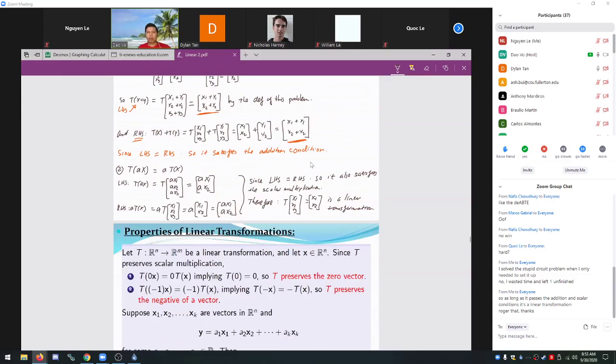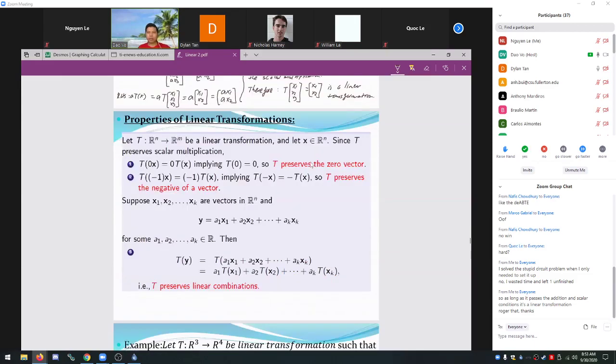Now, take a look at a few properties of linear transformations. So suppose we have a transformation T to be a linear transformation, and x is a column vector in Rn, and since T preserves scalar multiplication, it also preserves the zero vector. All right. So T of 0 will be 0.